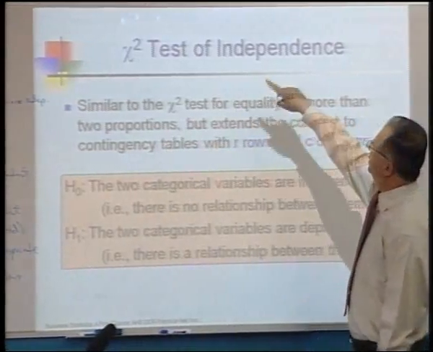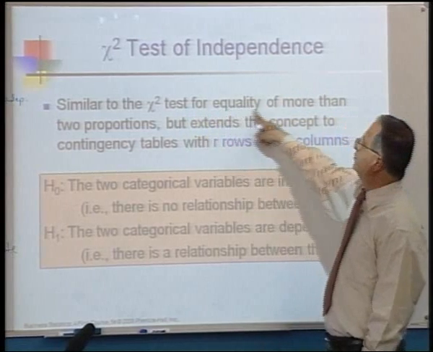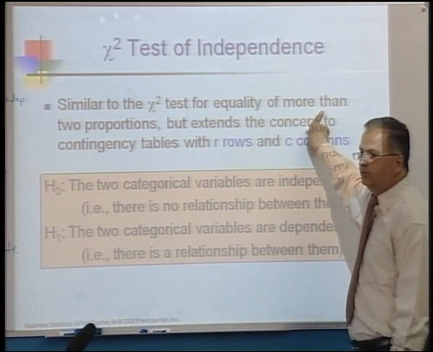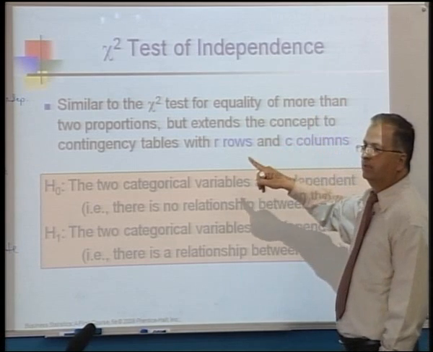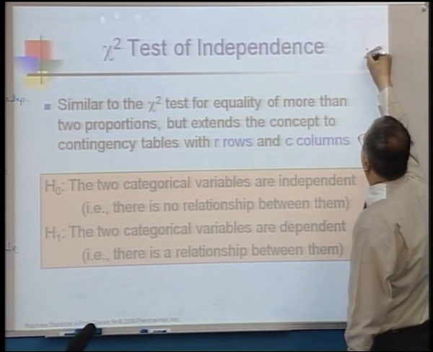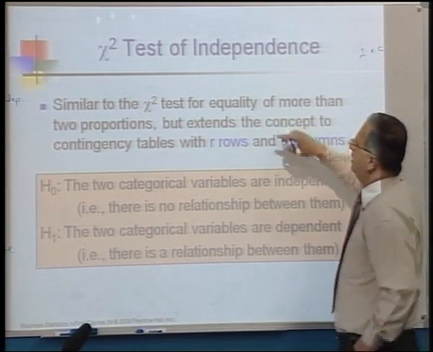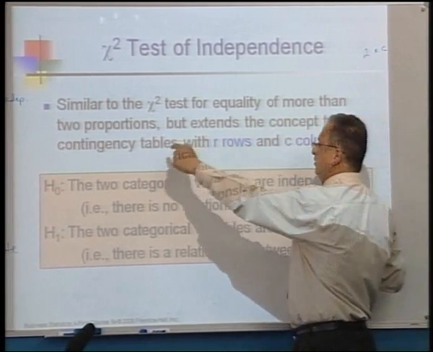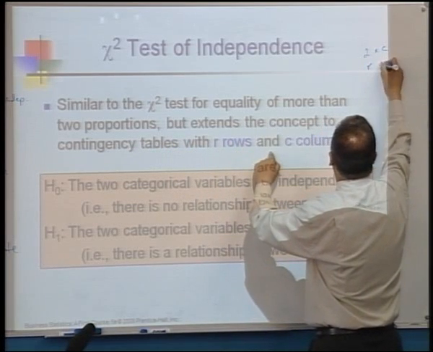The chi-square test of independence is similar to the chi-square test for equality of more than two proportions, but extends the concept. The previous one was two rows and C columns, so 2 by C. But here we extend the concept to contingency tables with R rows and C columns.